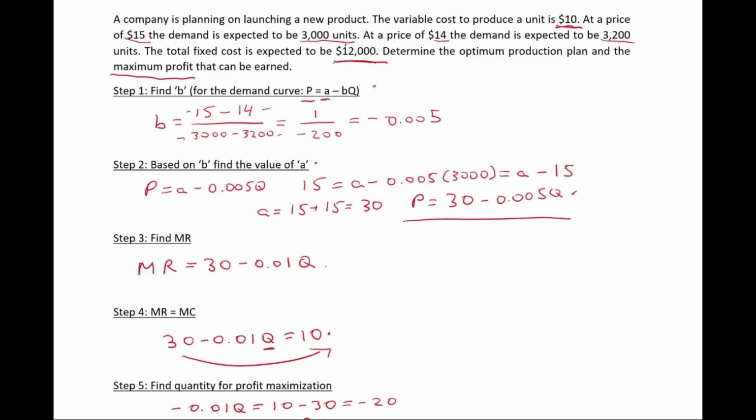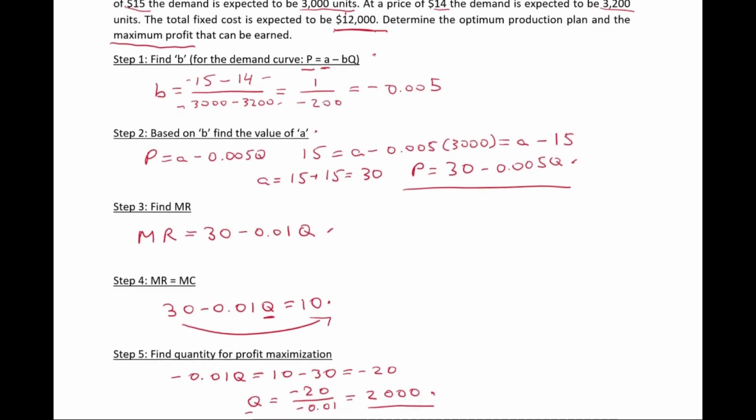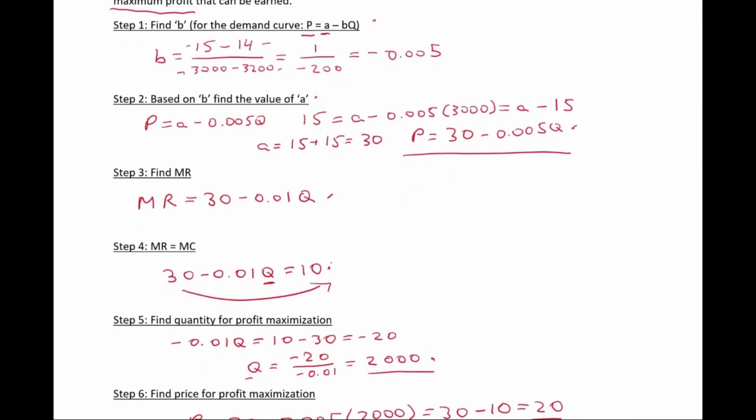Given your demand curve, you have your equation for marginal revenue, which is A minus 2BQ. Set the marginal revenue equal to the marginal cost, which will be your variable cost. Sometimes they'll ask you to do a calculation for the variable cost. You can do that quite simply. And then you set MR equal to MC to find the quantity at which profit is maximized.